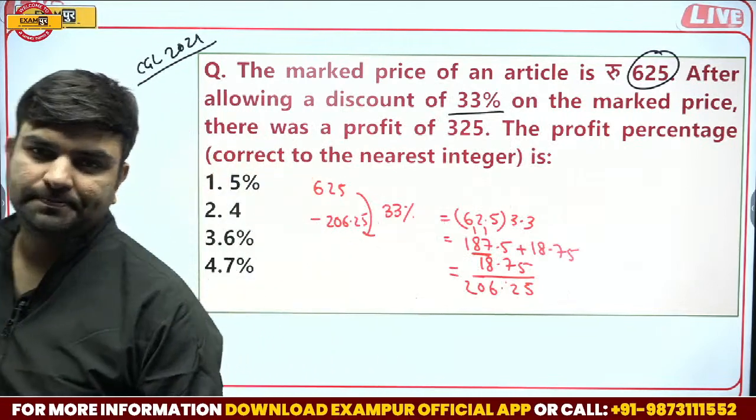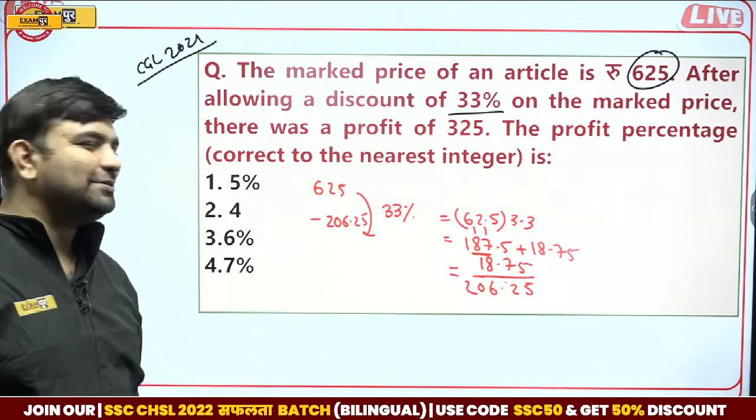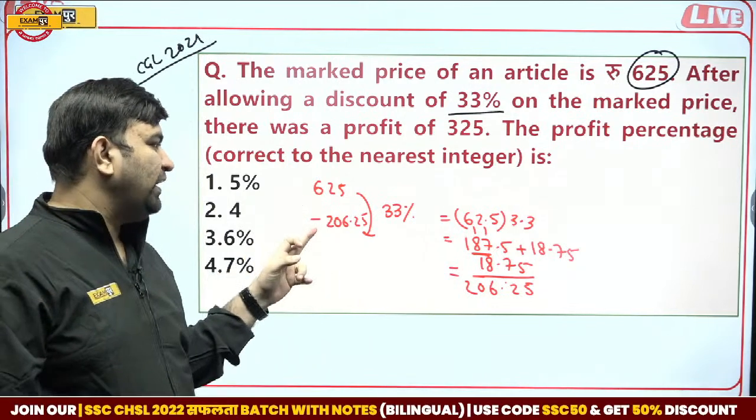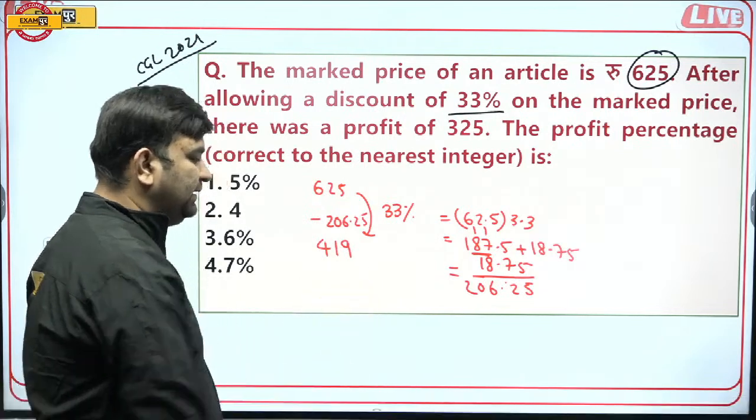Assume it 206 only. So 425 and 419 is remaining.